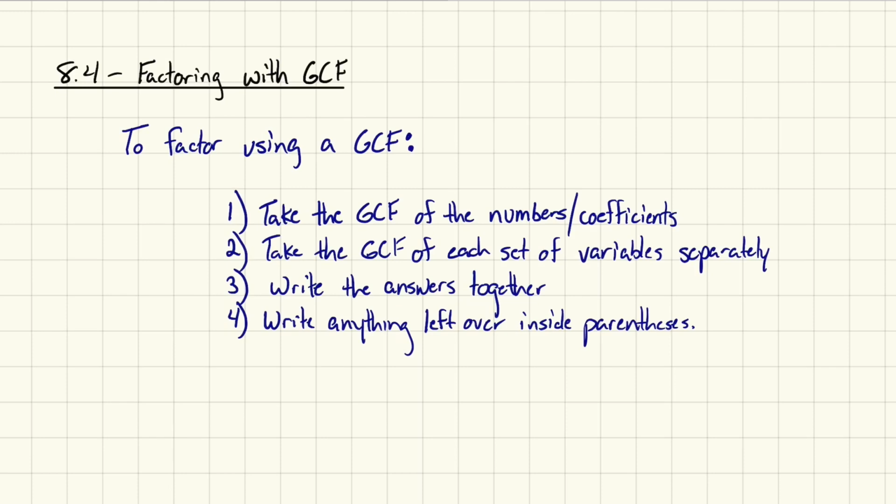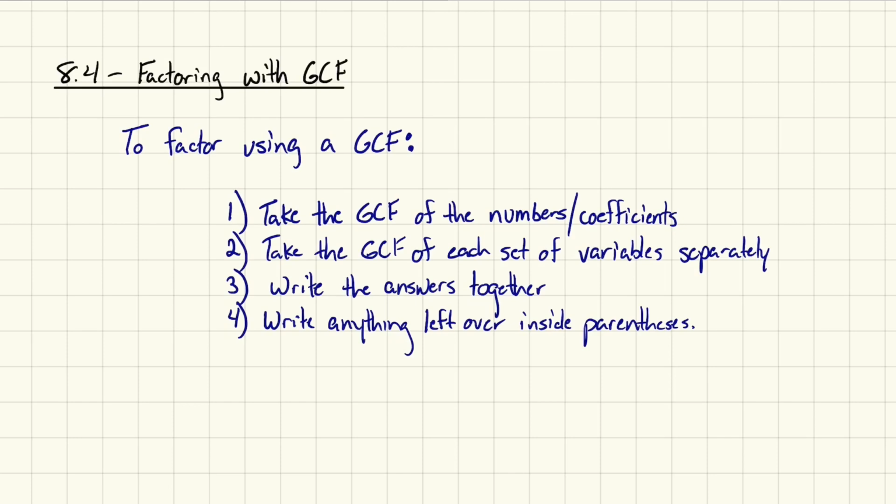The third step is to write all of our greatest common factors for our coefficients and each independent variable together as one answer. And if we happen to have anything left over, we're going to write that as a group in parentheses. So then we pull out and divide out, because remember, taking greatest common factor is division.